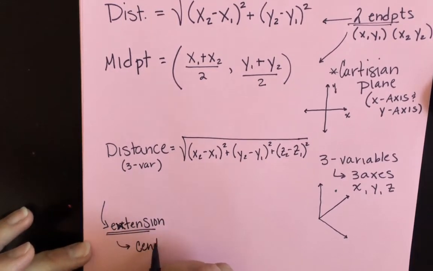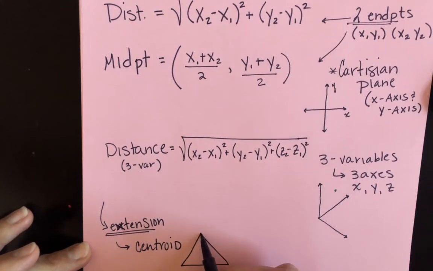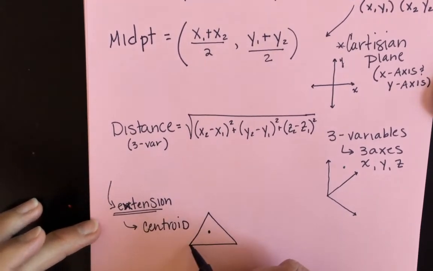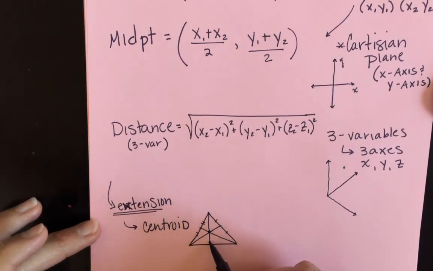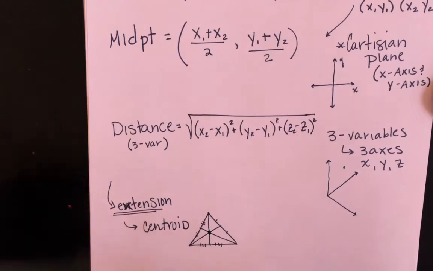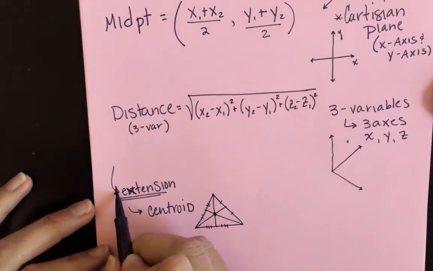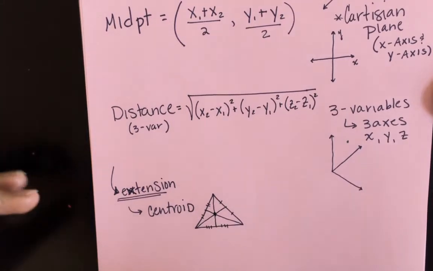Don't forget that in our triangles, the centroid was our balance point. And that was where all these medians would intersect at the same point. And that centroid then had three coordinates. So again, it's not a three-dimensional shape, but it did have three coordinates.